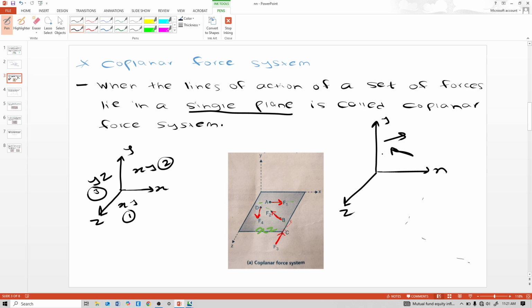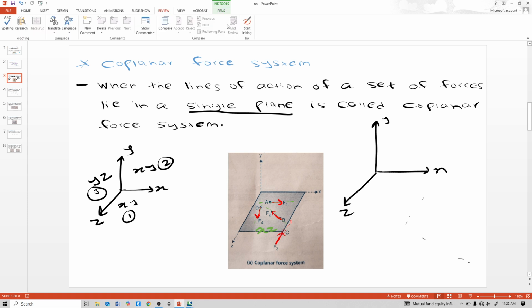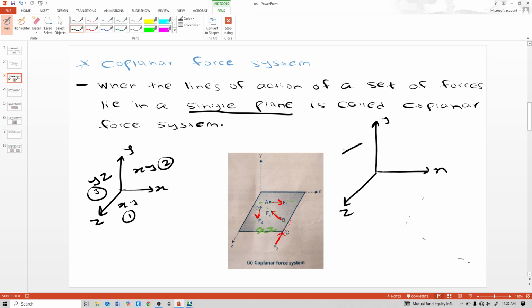Because the lines of action of the forces act on only one plane, and which plane? Only the xy plane. If my forces act like this, then this is also a coplanar force system, because my forces act on only one plane, the yz plane. They are not acting on the xy plane and xz plane, so that's why.